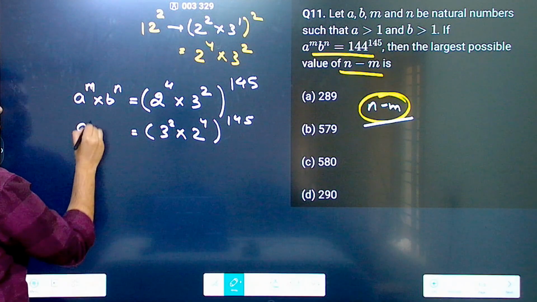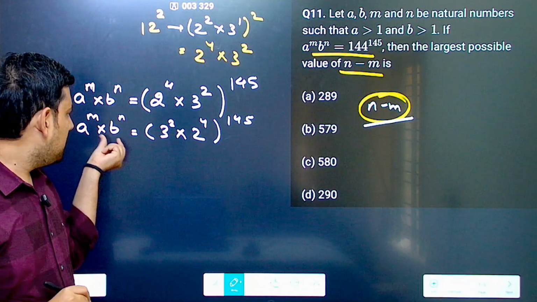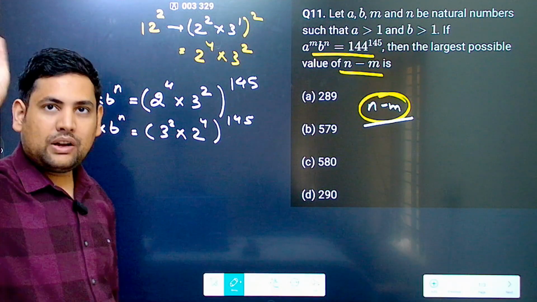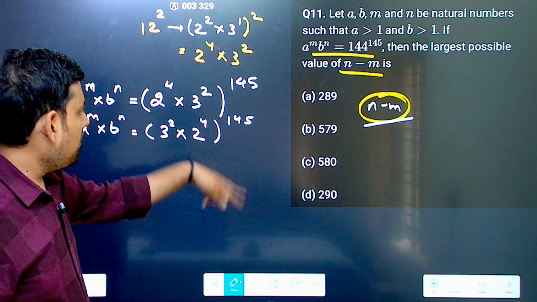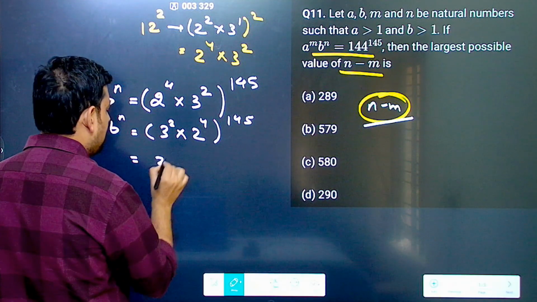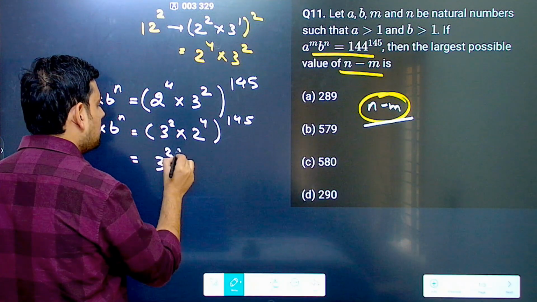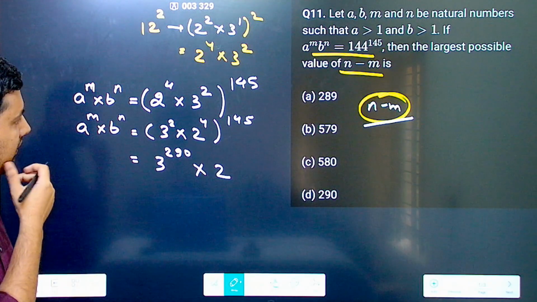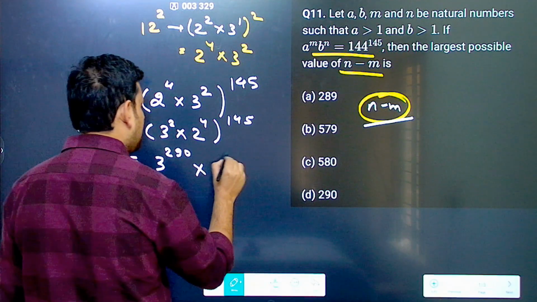I'm trying to make N very big, so corresponding to B, I have written 2 here, because 2 I can raise to more power for the same value. 2 can be of higher power than 3, correct? So now I try to make the biggest power of 2 here. So what I got is 3 square into 145. So 2 into 145, this becomes 3 power 290 into 2 power, now 145 into 4. 145 into 2 is 290, 290 into 2 is 580.